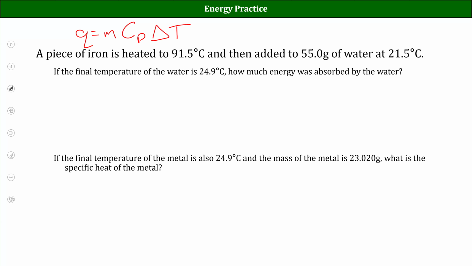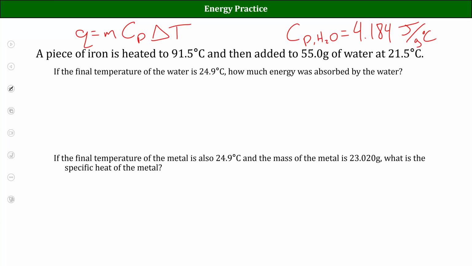Luckily for us, the specific heat of water is always the same. Cp for water is always 4.184 joules per gram degree Celsius. If you want to change the temperature of 1 gram of water, you have to put 4.184 joules of energy into it for every degree Celsius that you want it to change.